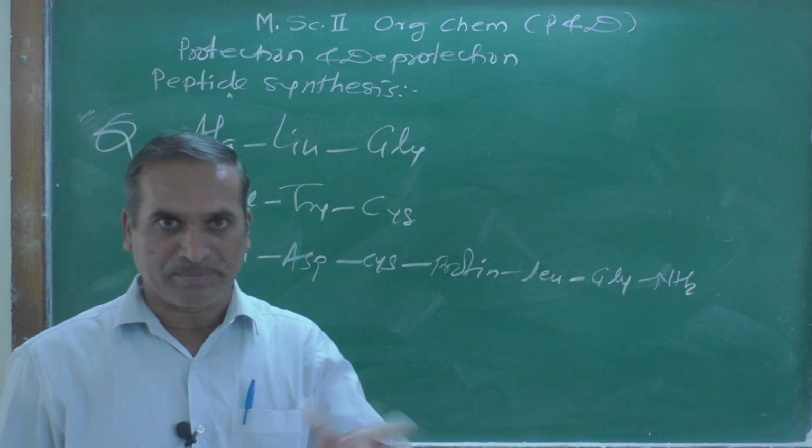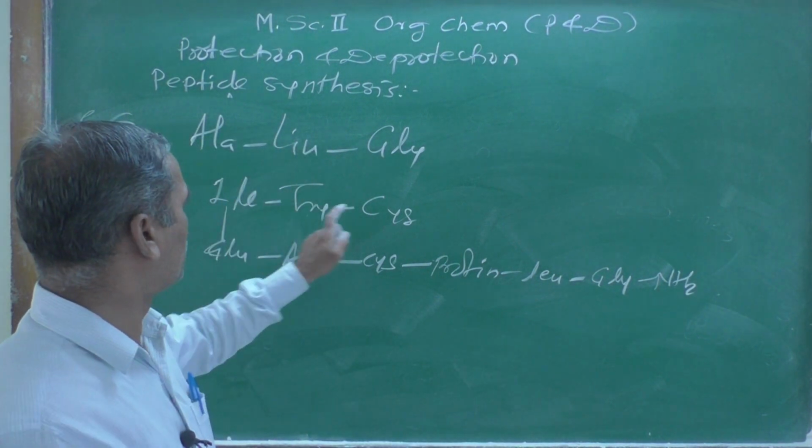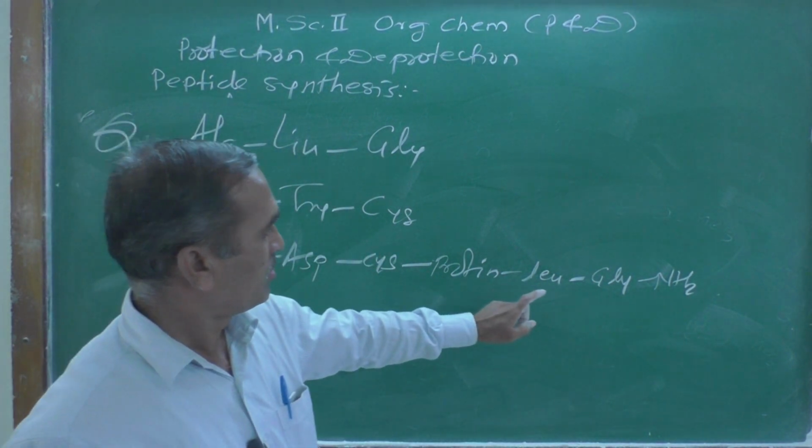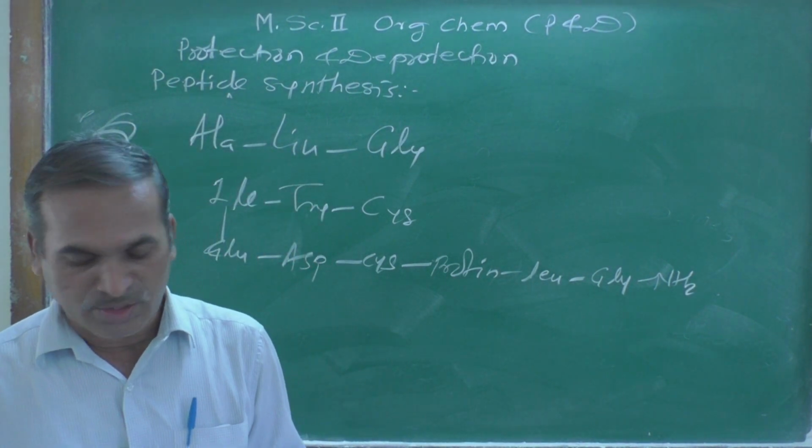So nonapeptide means 1, 2, 3, 4, 5, 6, 7, 8, 9. So you can remember that nona, that is oxytocin.